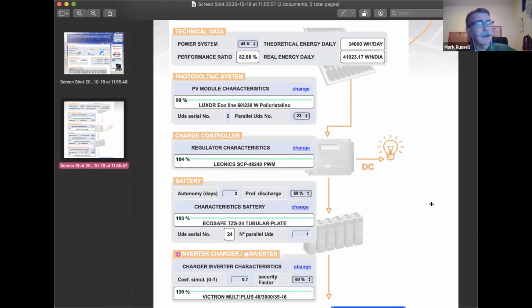So take the 14,000 kilowatt hours per year times 1,400 rupees. That's how much money you're saving per year.